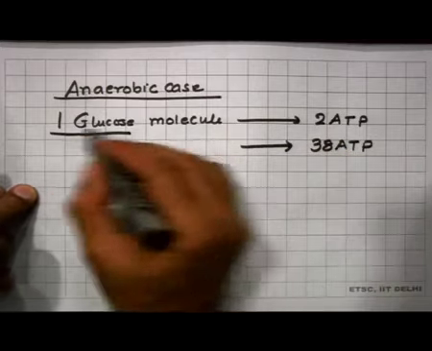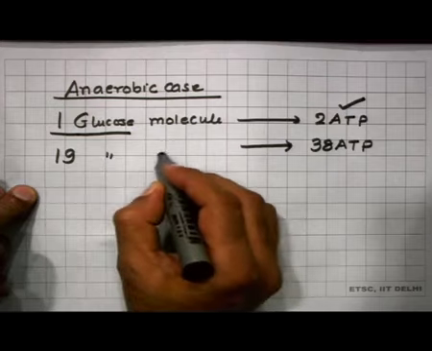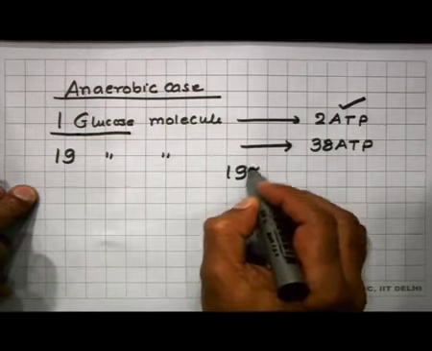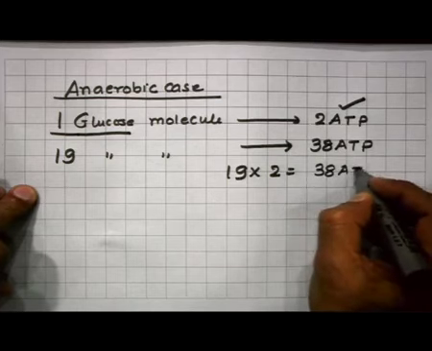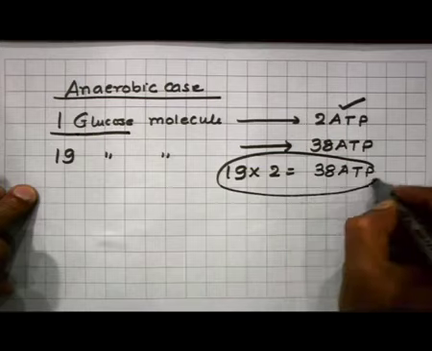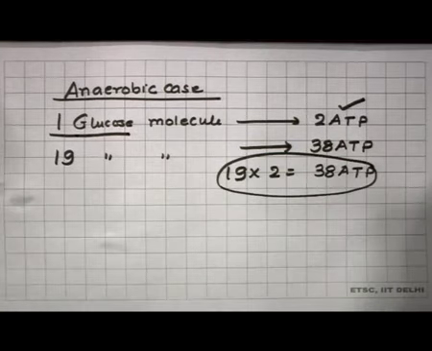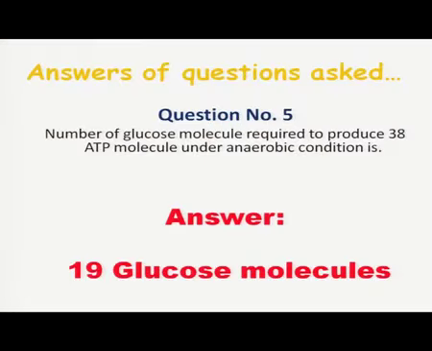One glucose molecule gives 2 ATP, so 19 glucose molecules give 19 into 2, that is 38 ATP. So in anaerobic respiration, when we use 19 glucose molecules, that gives 38 ATP. The answer was 19 glucose molecules.